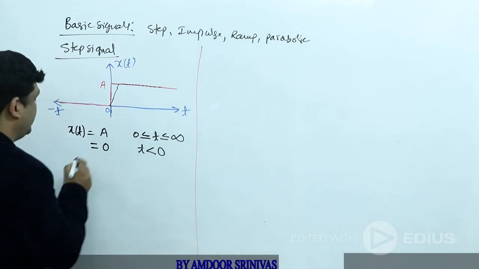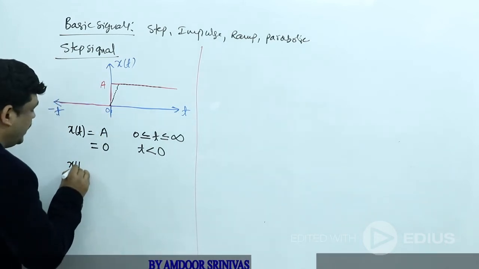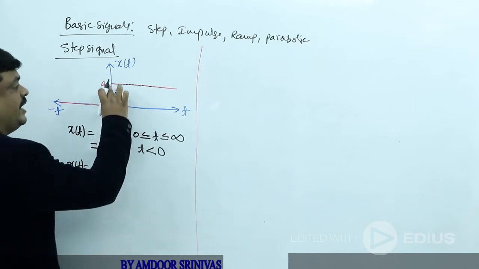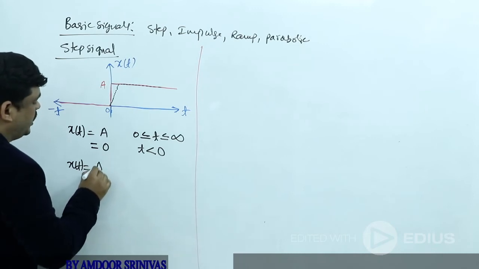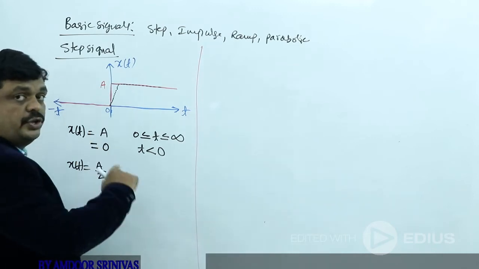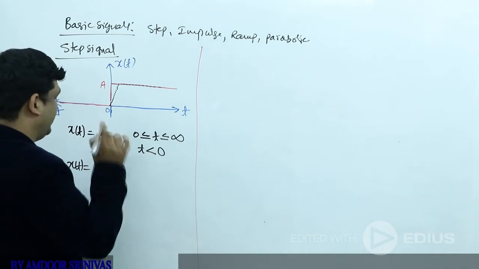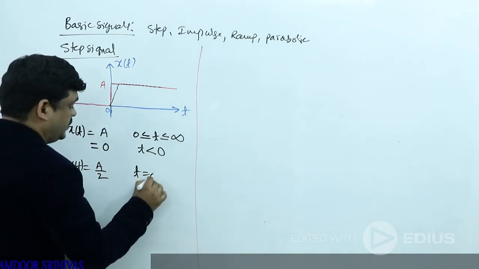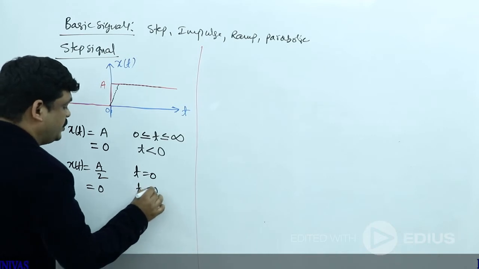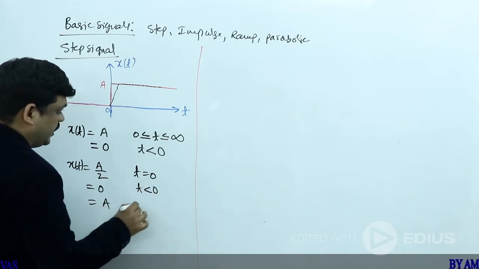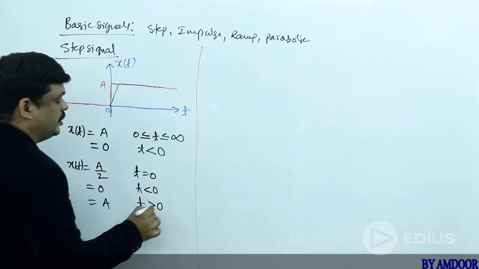So average value means now we can write like this, x of t is the average value of this. The average value here is, generally we take (0 plus A) by 2, which gives A by 2 exactly at t equal to 0, and 0 for t less than 0, and A for t greater than 0.